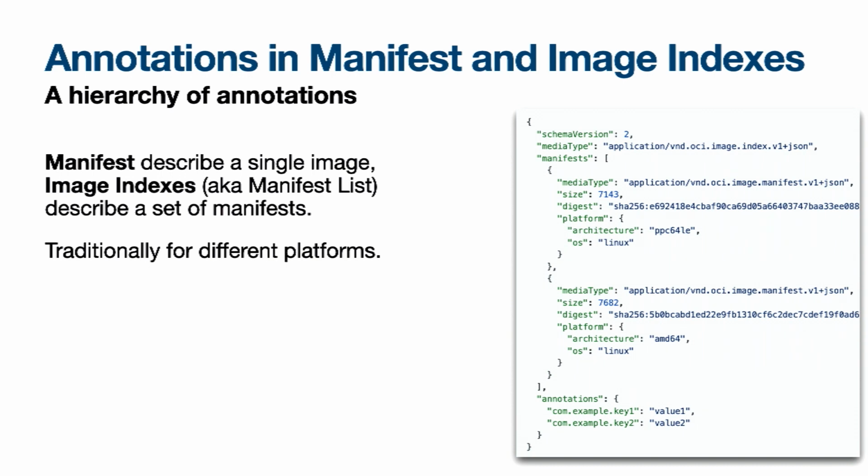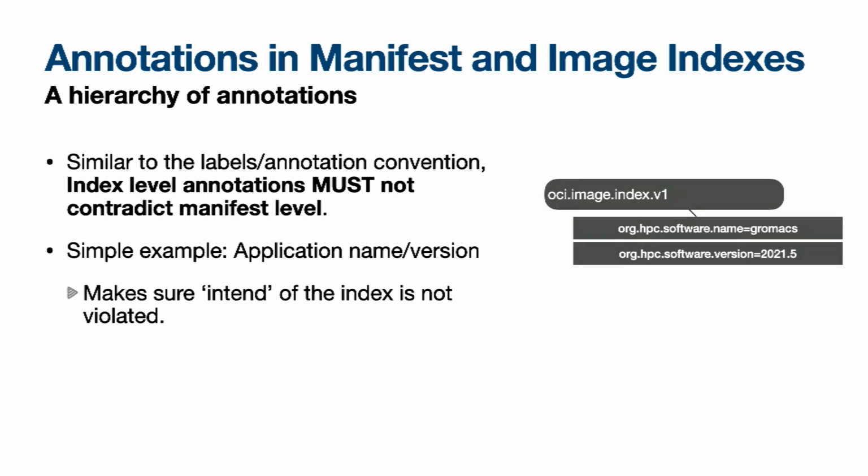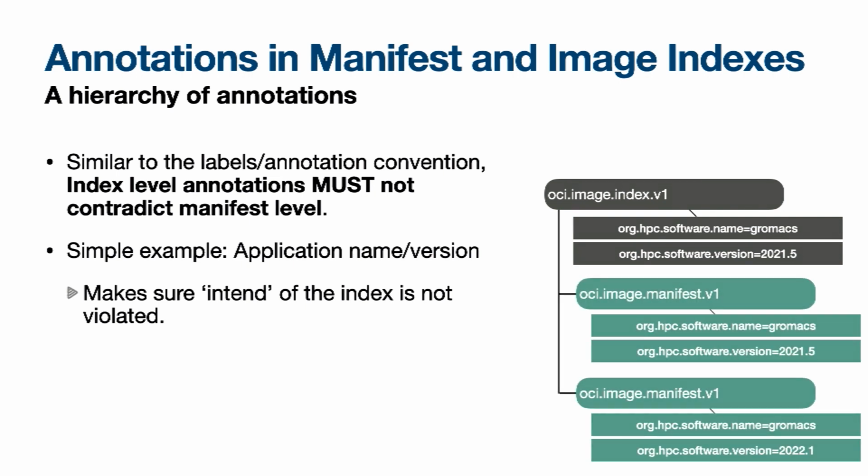We can use annotations in this case as well to maybe have a constraint that is applied to all the images within the image index. So if we have the image index for GROMACS in this version, and we have multiple images for different platforms, we can use the annotation in the image index to verify the annotations in the manifests. So if you have two images in the same index and they violate the version of the software at the top, then we can detect this on a higher level, and we can make sure that we don't mix up versions of GROMACS under the same name.